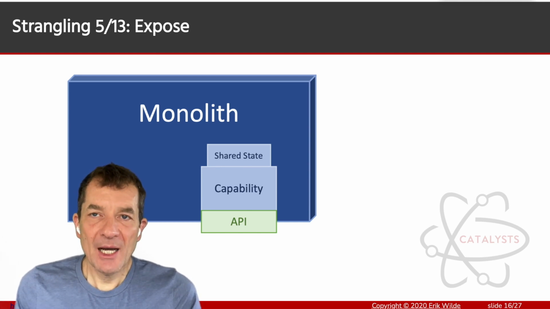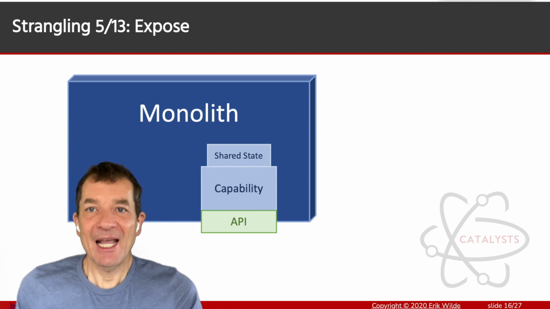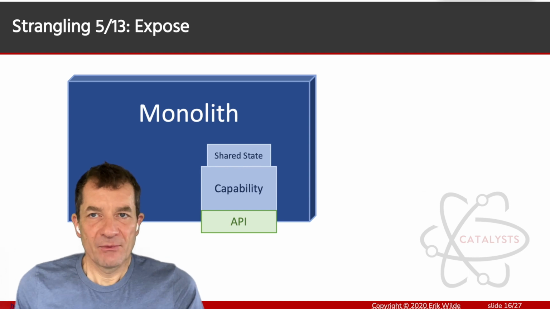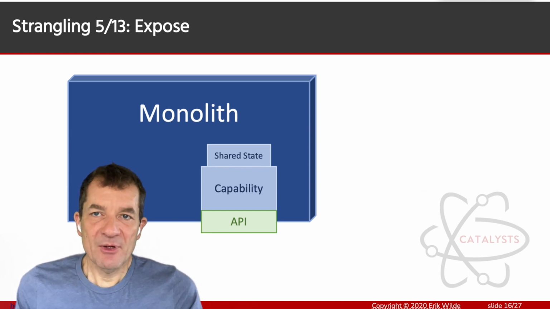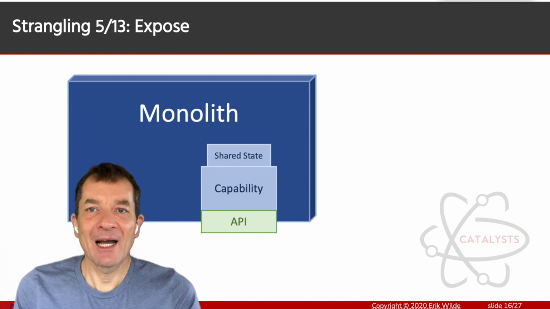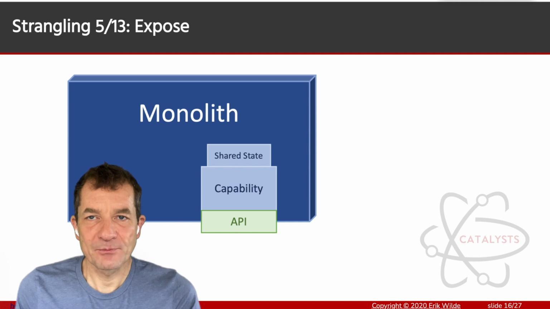So it's an API, and anybody using the API can happily use it. And it doesn't matter whether it's in your monolith or somewhere else. For them, it's an API. So everybody then using this capability can start ignoring the fact that it's, for now, part of your monolith. So you're exposing this capability through an API.